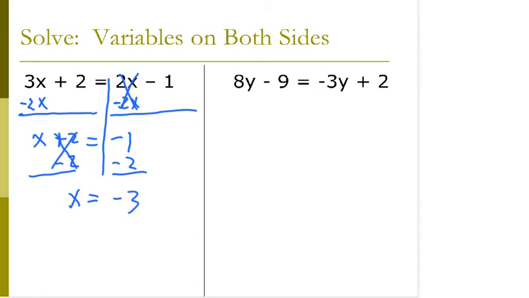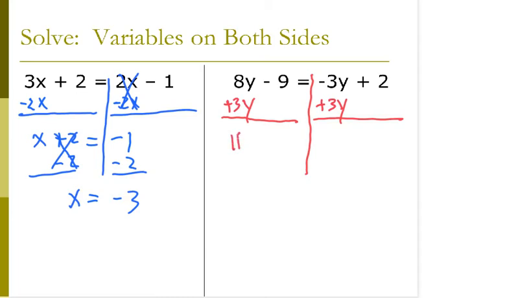The opposite of negative 3 is a positive 3. So we're going to have to add 3y to this side. And remember, draw your line to make sure that you're really working with two sides here of your equation. So we add 3y to one side of our equation, and our property of equality says that we have to do the same to the other side. 8y plus 3y is 11y.